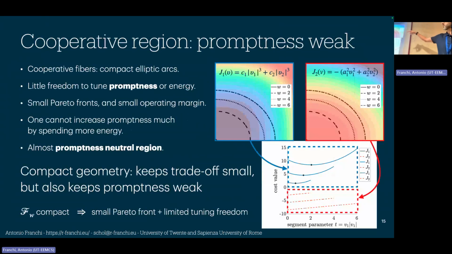And here we see this. So in cooperation, the fibers go more or less along the level curves of the two fields. The Pareto front is very small, so there is not much opposition between the two costs, but also you cannot tune much the promptness in this configuration, so in the cooperative configuration.